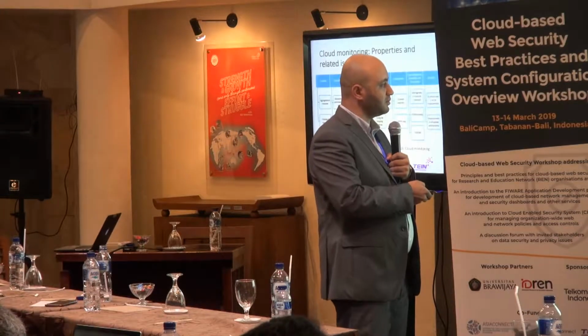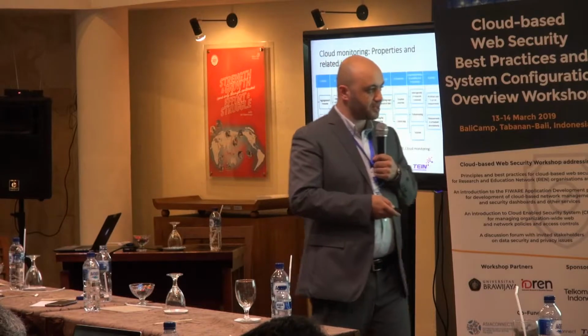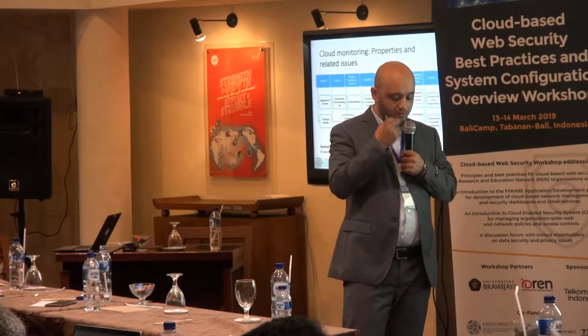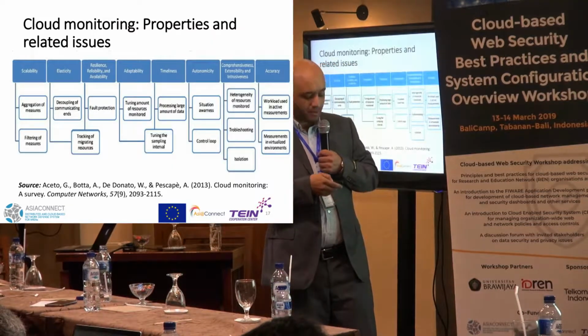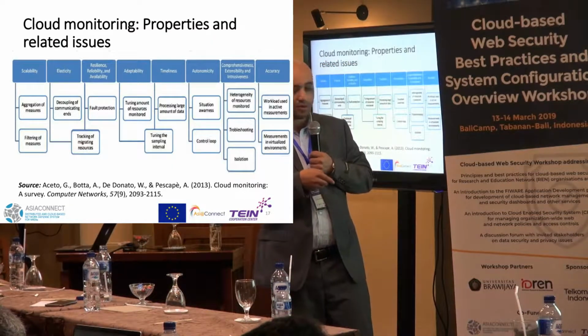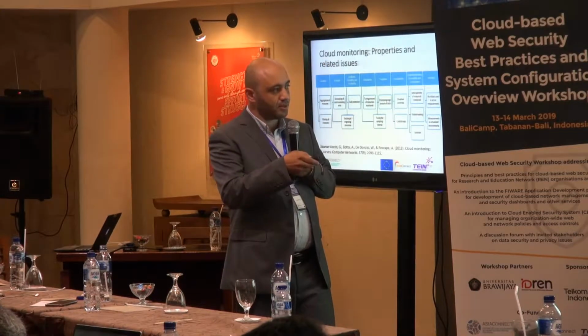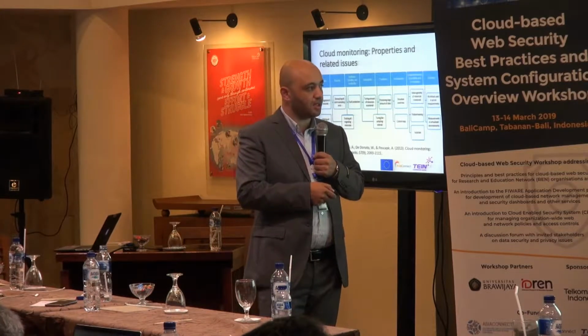Next. So cloud monitoring and its issues, which were also covered by Prof. Islam and some of them by Dr. Silva. Here we have 8 categories, starting from scalability all the way to accuracy. Each category has its own issues.